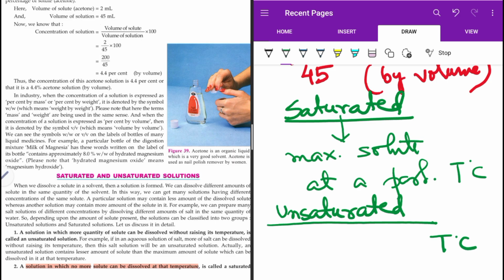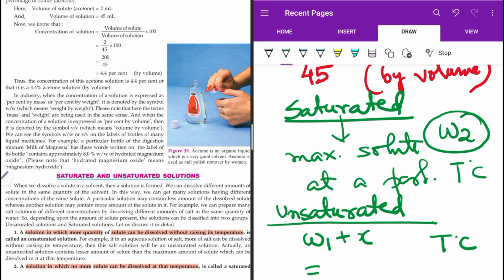So a solution in which more quantity of solute can be dissolved without raising its temperature. Suppose the maximum amount of solute that can be dissolved is W2, and I have W1 over here. That means W1 can add on some more to become W2. That means W1 is not the maximum capacity of the solution to hold that much solute at a particular temperature.